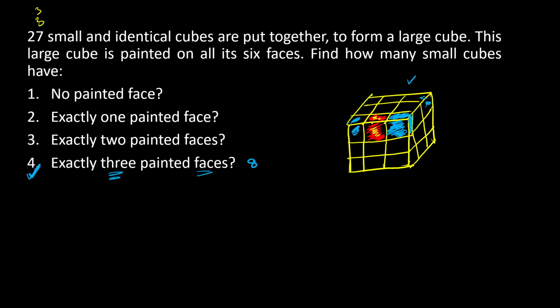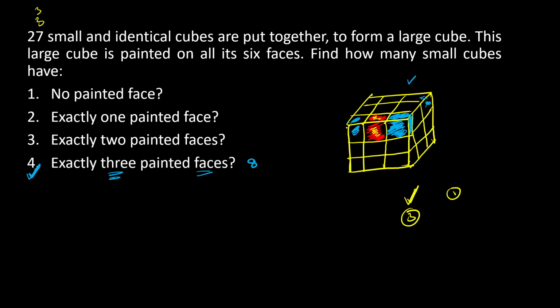If someone asks you, in this cube, how many cubes are placed on an edge? Your answer will be 3. And how many cubes are exactly 2 faces painted? Your answer should be 1. Among those 3 cubes which are kept on the edge, 2 are done with the corners. Clear? So we should not consider the cube which is kept at the corner when you count exactly 2 painted faces.